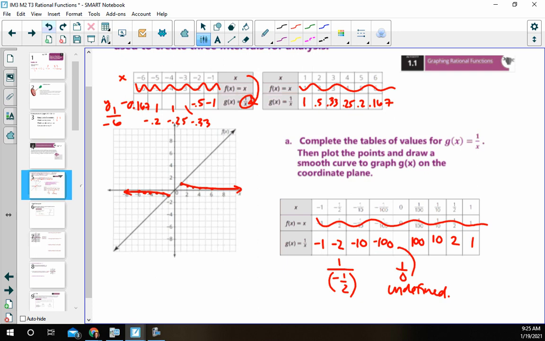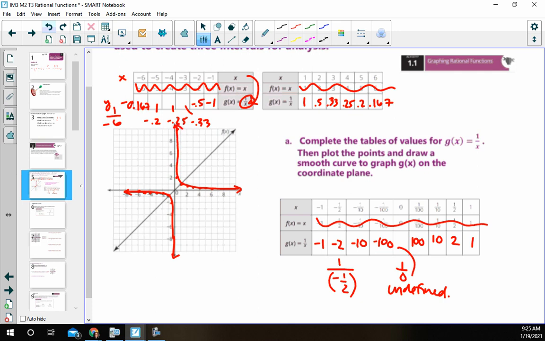Negative 1/2, negative 2. Negative 10, so really close to 0. So we have our other asymptote on this axis. It shouldn't actually cross there. And then we're going to have a familiar one. We can't do the 100, so 1/10, 10, so really close. And then 1/2 to 2.